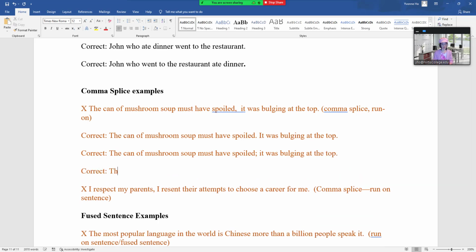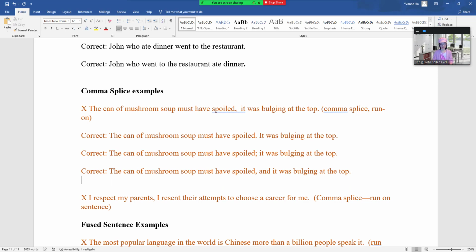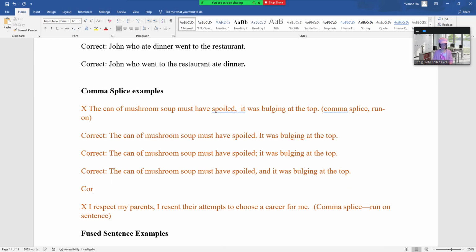Correct: the can of mushroom soup must have spoiled, comma, and it was bulging at the top. I believe that's your quiz. It could be another one too. So correct: the can of mushroom soup must have spoiled. In addition, it was bulging at the top. So those are the 4 ways.